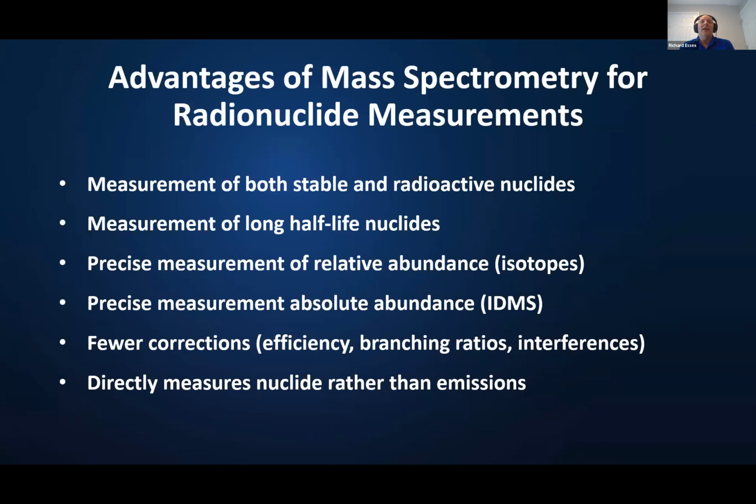But some of the other corrections that frequently have to be used in radioactivity measurements aren't necessarily there. We have different interferences in mass spectrometry, and also efficiencies aren't handled in the same way, since we're counting ratios or calibrations against some sort of intensity concentration curve.